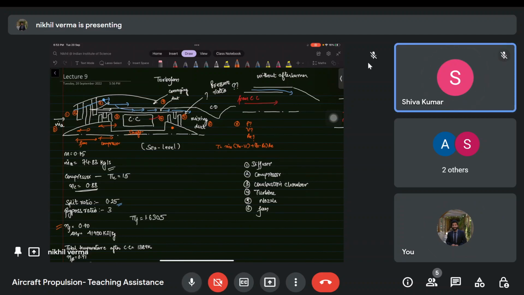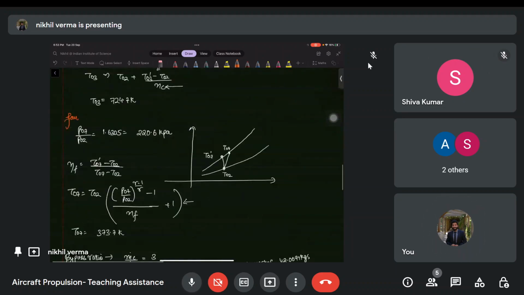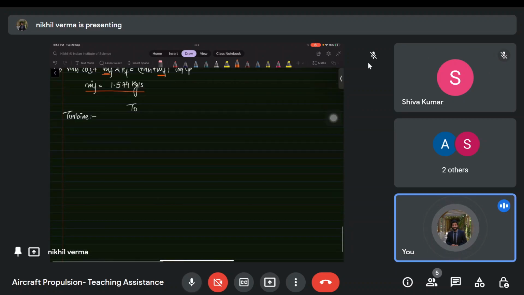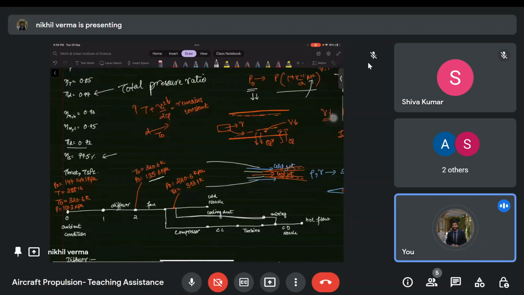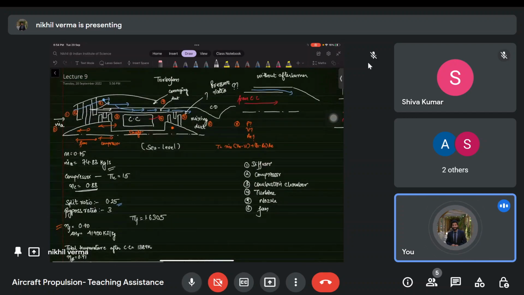Yes, sir. So if you do this energy balance, the energy going after the turbine is (m dot a plus m dot f) into cp into T naught 5. This is station number 5.